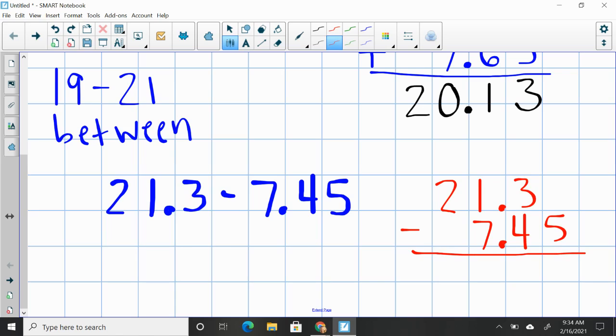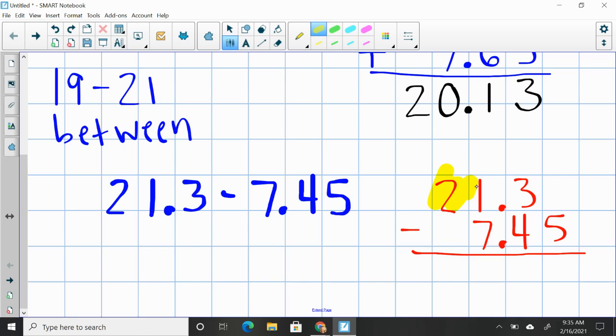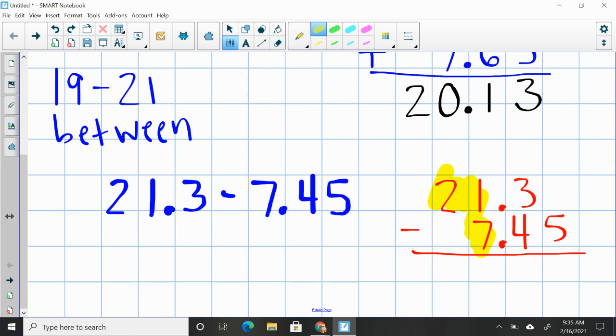If I did a really quick estimate, what is 21 minus 7? 21 minus 7 is 14. Okay, so I know my answer is going to be approximately 14. Okay, now I can go ahead and subtract. However, of course, I have to start over here in my hundredths place.